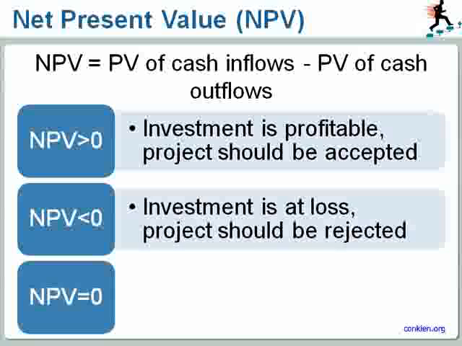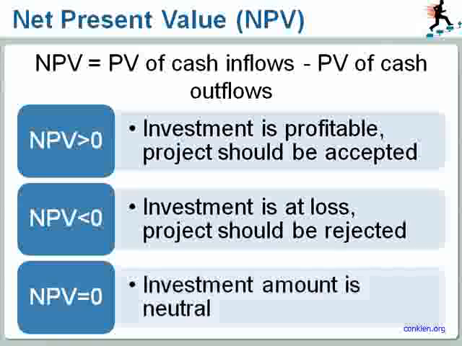And if the net present value equals 0, then the investment amount is neutral, and you will need to look to other indicators to see if you should do the project or not. And of course, if you compare the net present value of two projects against each other, then the project with the greater net present value is the better project.